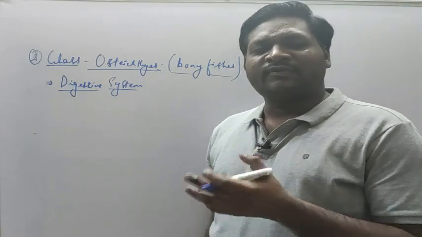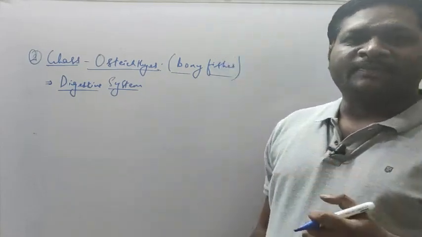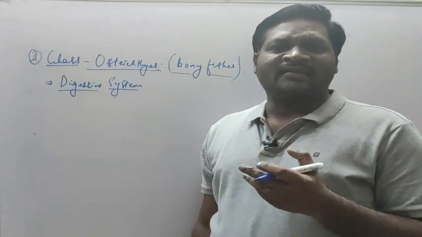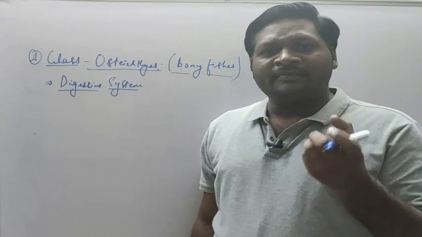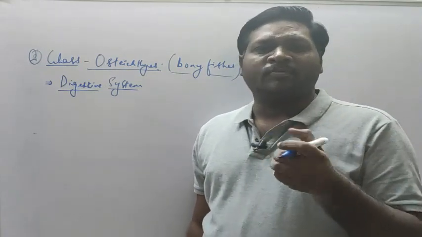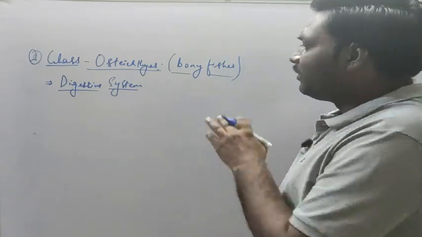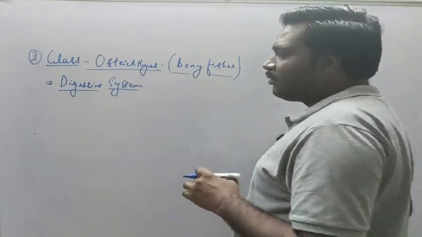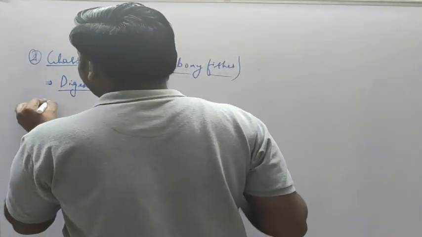In cartilaginous fishes, they don't have the separate opening. There is a common opening called cloaca, which is acting common for both reproductive system as well as excretory system, right? But here, in case of bony fishes, there is a separate opening and that opening is called anus.